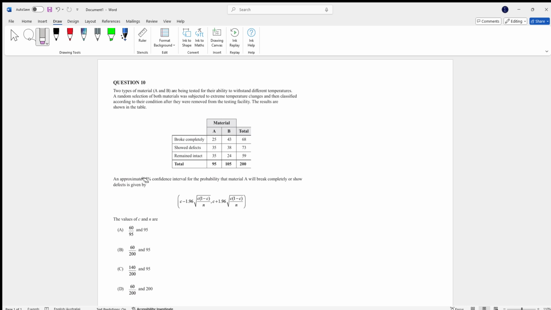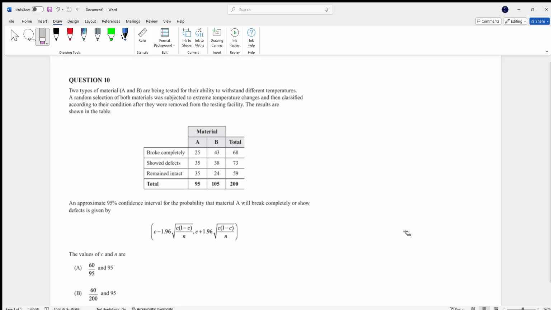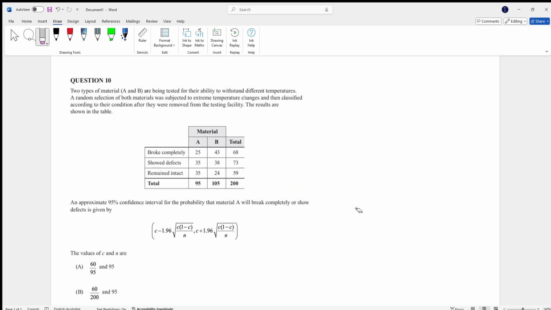An approximate 95% confidence interval for the probability that material A will break completely or show defects is given by... So here, we've got to pick our confidence interval, as well as our sample size. It all depends on the wording here.